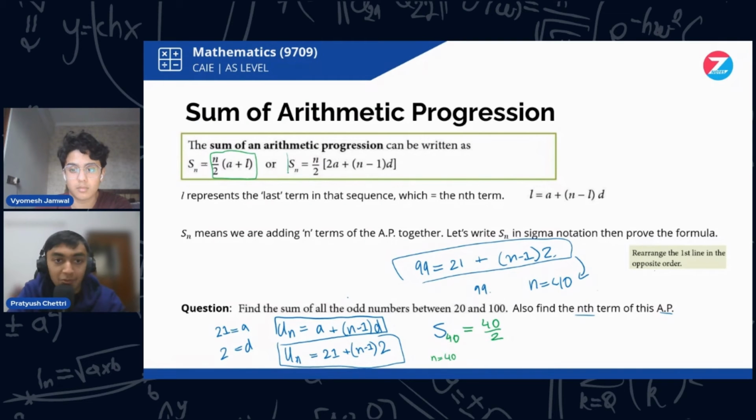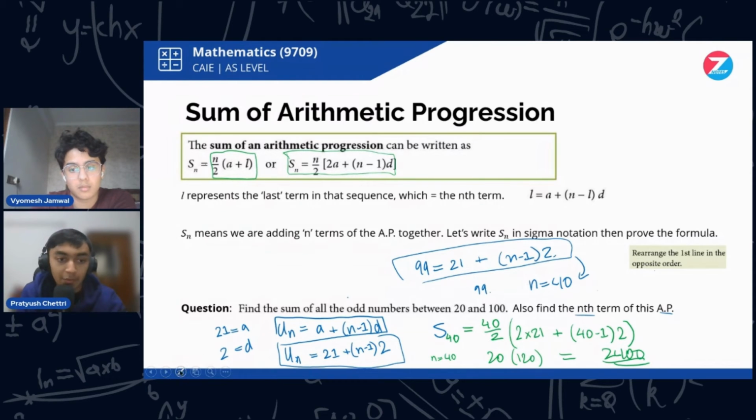I'm going to show you this method first, and then I'll show you the shortcut method. 40 over 2, and then I'm going to do 2 times the first term, 2 times 21, plus n minus 1, 40 minus 1, times 2. And if I simplify this, it's going to be 20 times 42 plus 39 times 2, which is 120. 20 times 120 should be equal to 2,400.